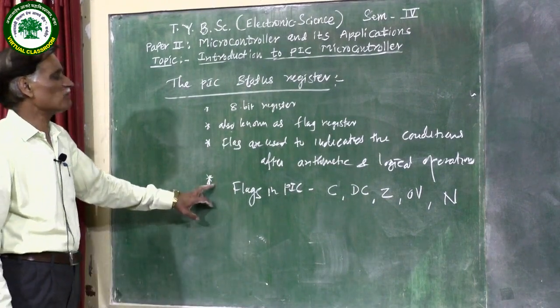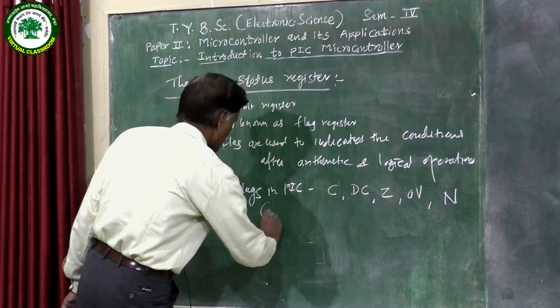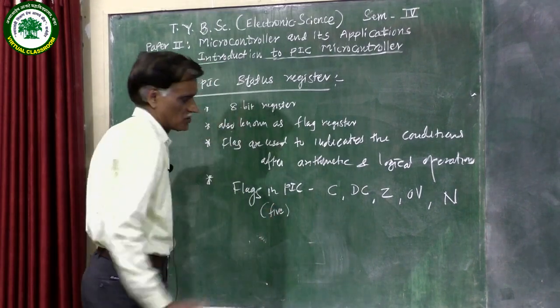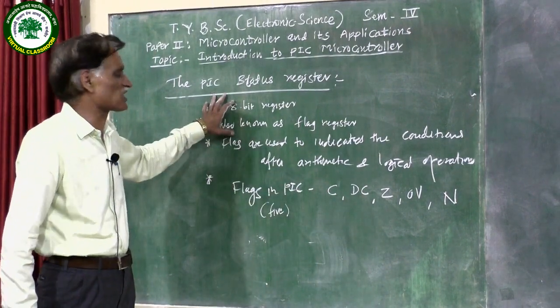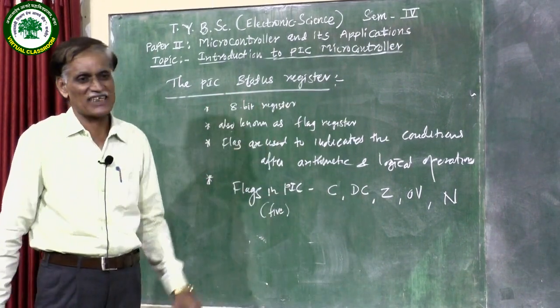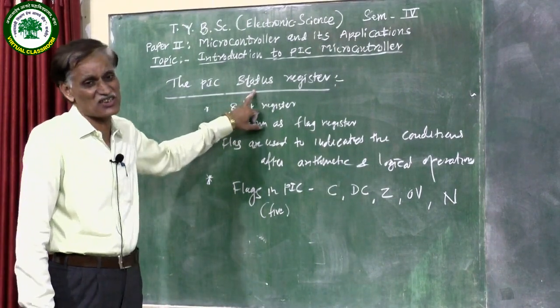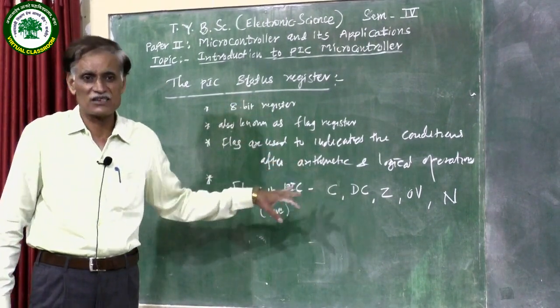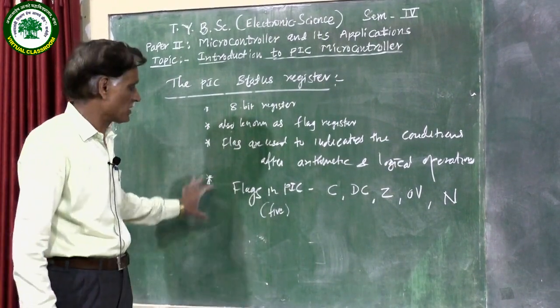Totally in the PIC microcontroller family, these 5 flags are used. Now these flag conditions are reflected inside the register. We are calling it the PIC status register. And in the same lecture we have studied that this status register is closely associated with the ALU.